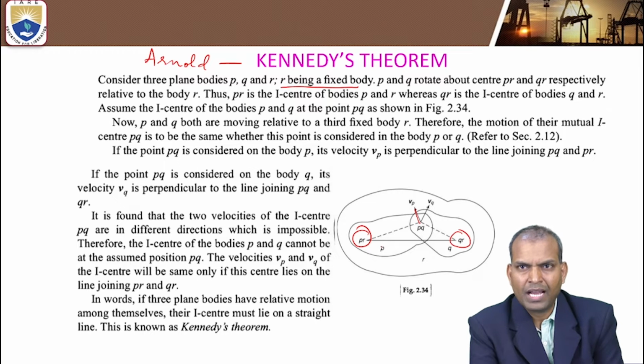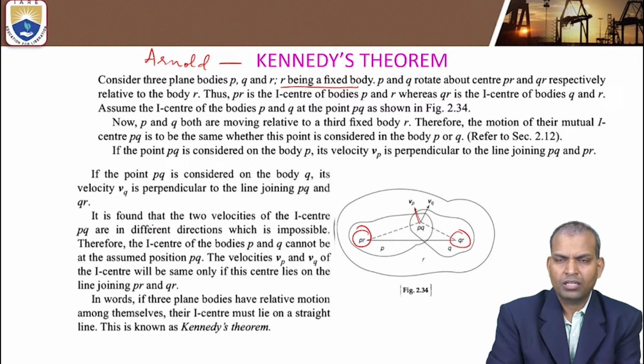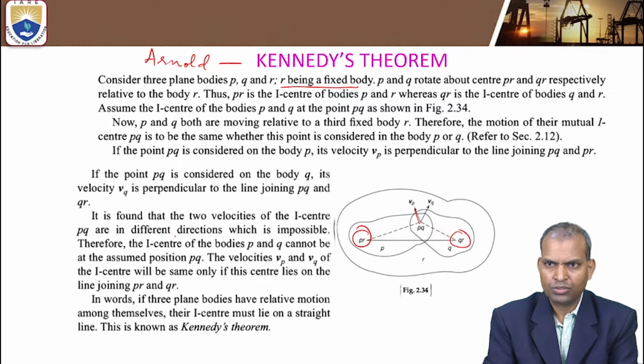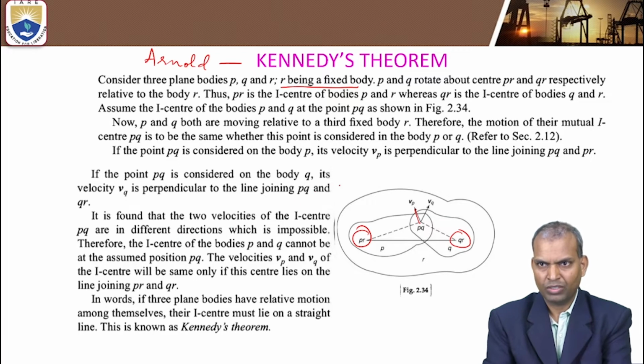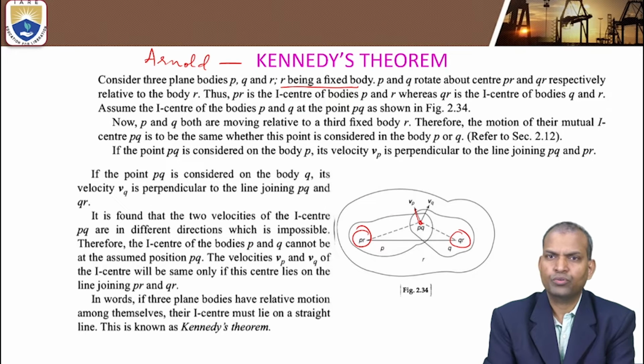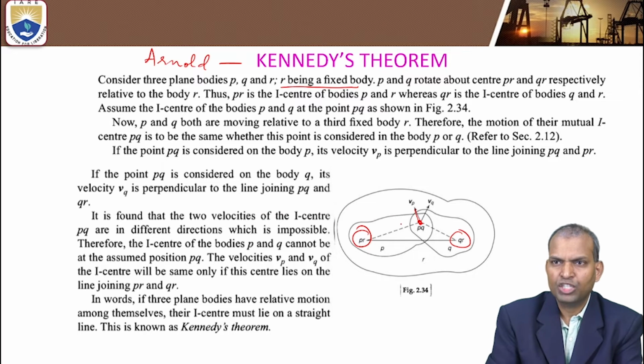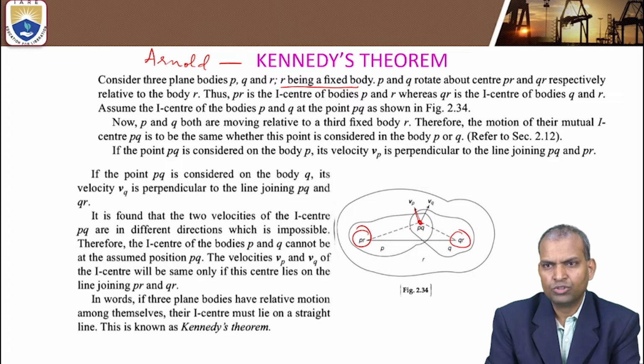Assume that the eye center of bodies P and Q is at the point PQ as shown in figure. Okay, P and Q are having the bodies at PQ. Now, if the point PQ is considered on the body P, the velocity vector VP is perpendicular to the line joining PQ and PR.